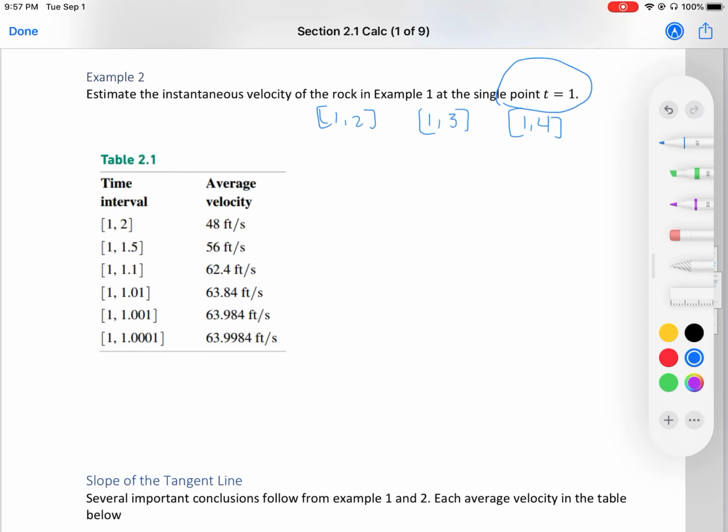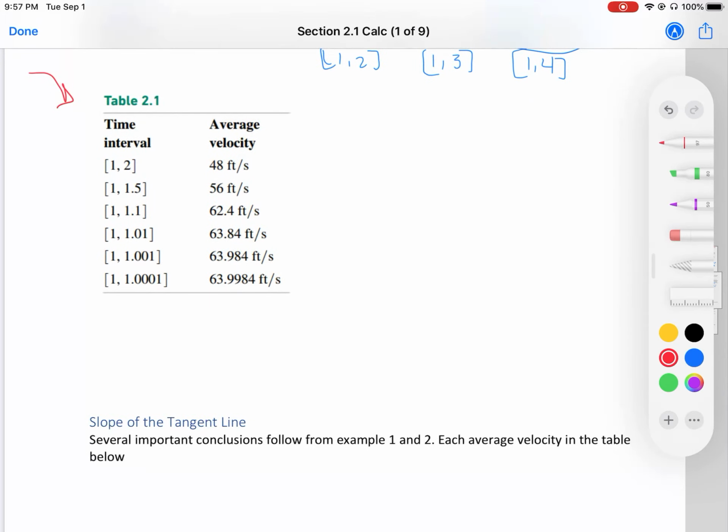Well, if you take a look at this chart from your text, we see, what if I create that range of t's to be a smaller number? So from 1 to 2, we did that one, we got 48. But what if I pick a number that's smaller and closer to 1, such as 1.5? What about 1.1?